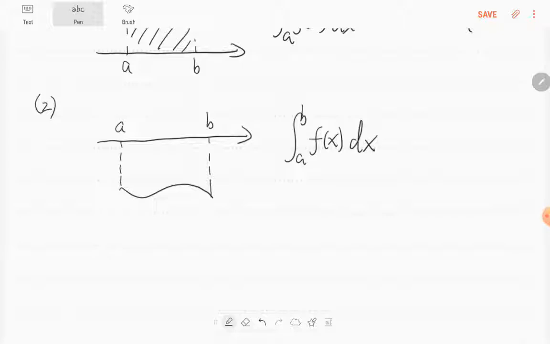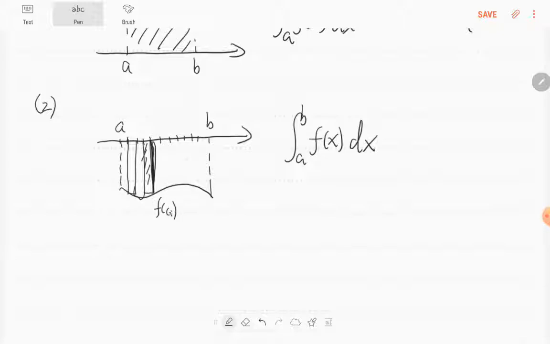We notice that this integral is the limit of the Riemann sum. The Riemann sum is where we divide this into several intervals, and do the calculation for the rectangles. But when you do the calculation, the height actually is f of ci, which is a negative number. So this area is negative.